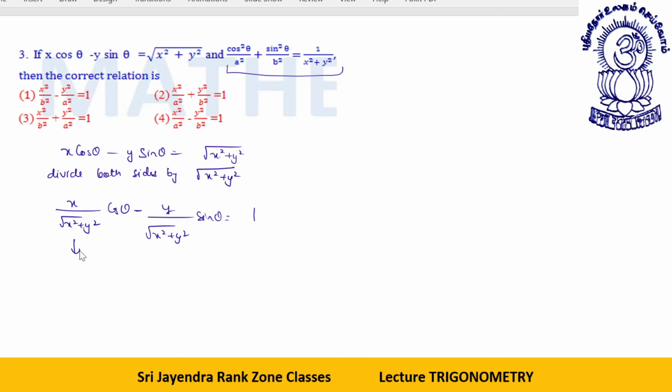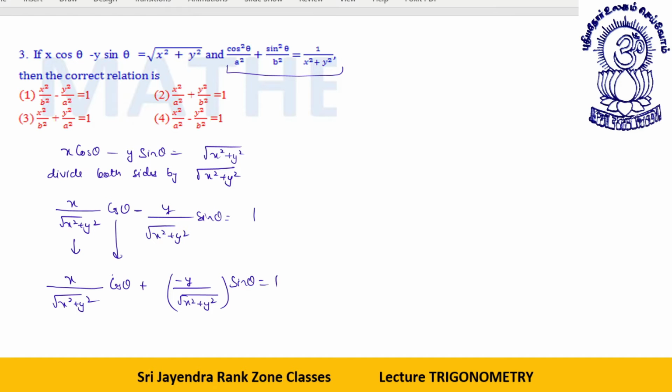This equation can be compared as cos theta, cos theta. Let me write it again, okay. X upon under root x square plus y square into cos theta plus minus y upon under root x square plus y square into sine theta is equal to 1.